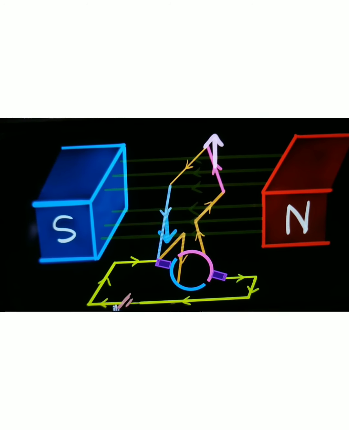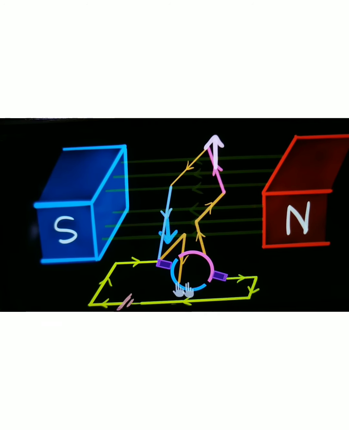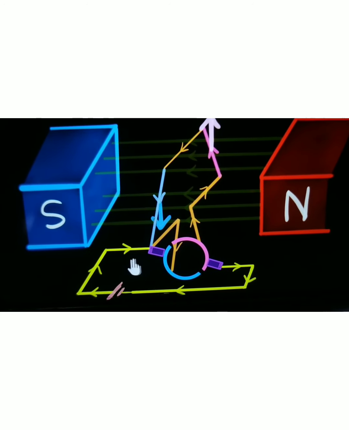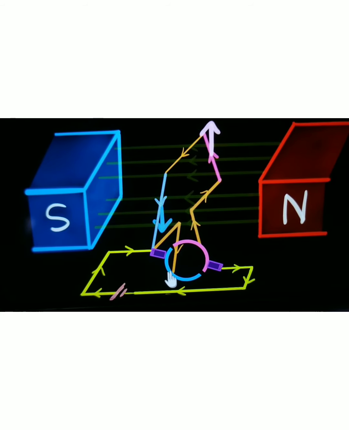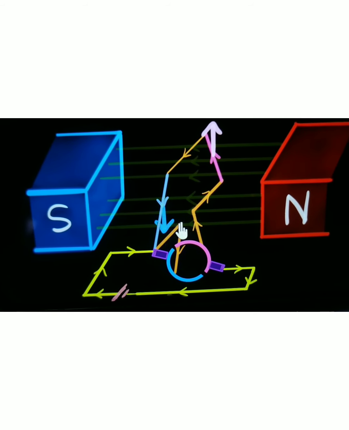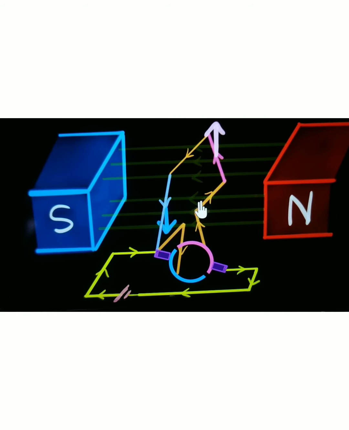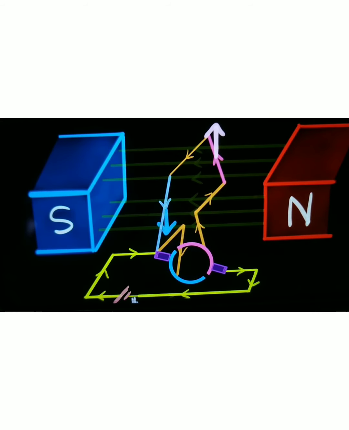So now notice, due to this commutator, automatically current will start flowing from here into this coil in the reverse direction coming out from here into the negative terminal.